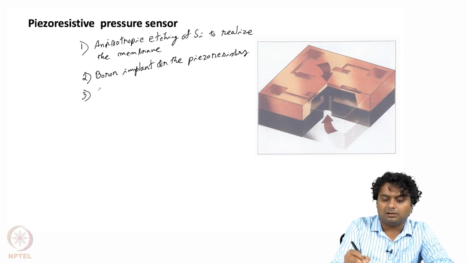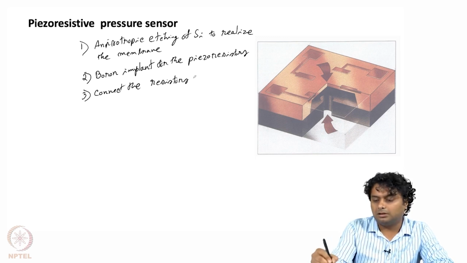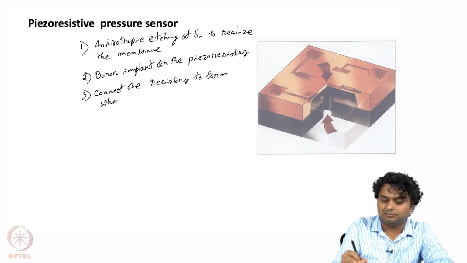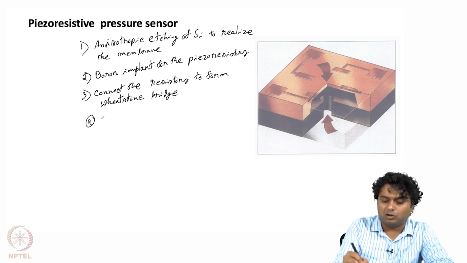Then connect the resistors in a Wheatstone bridge, and finally bond the bottom wafer.